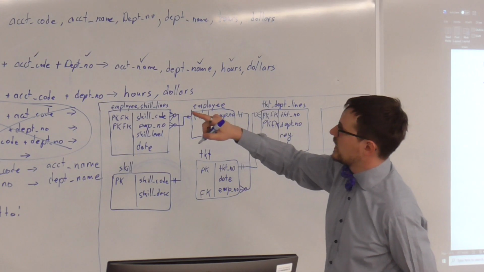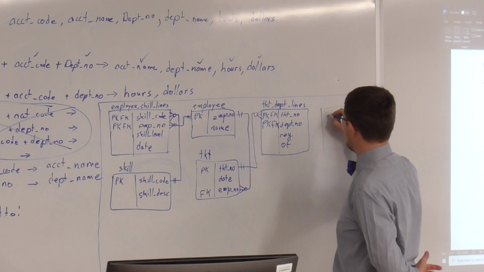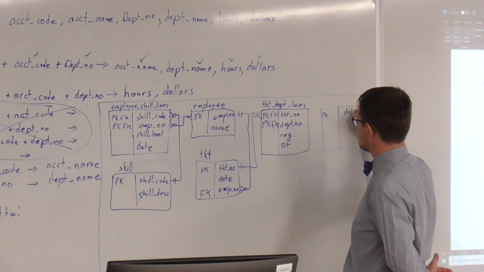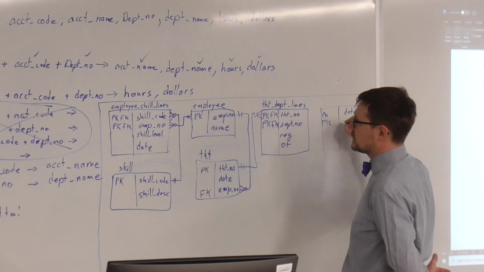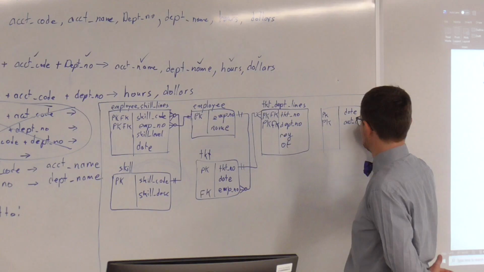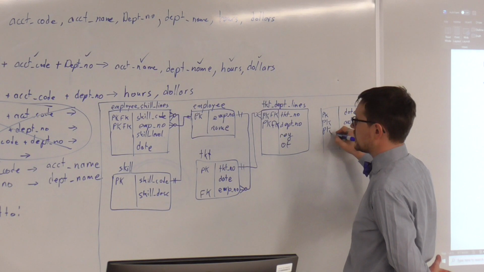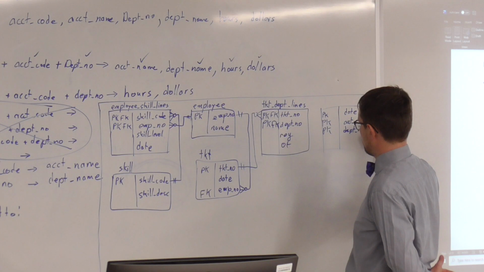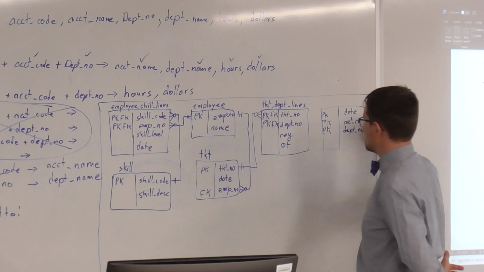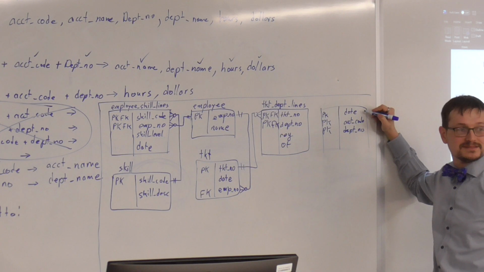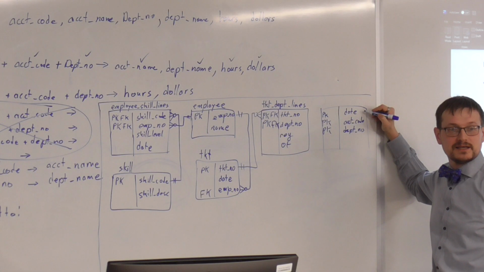So we've got primary key date, primary key account code, primary key department number, right? Is date a foreign key? No, it's not. Ticket number, oh.